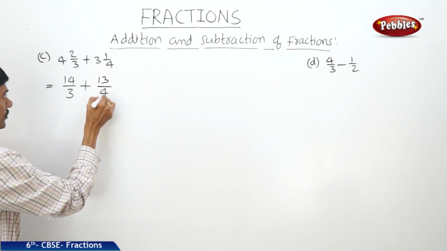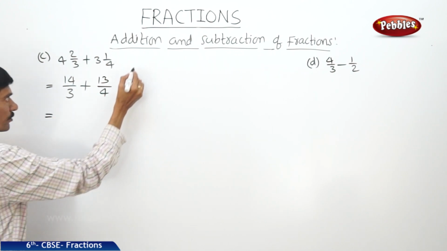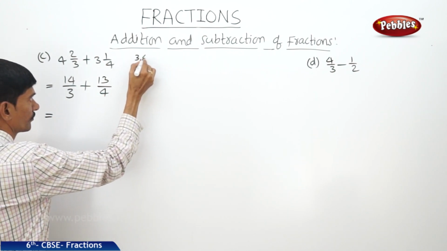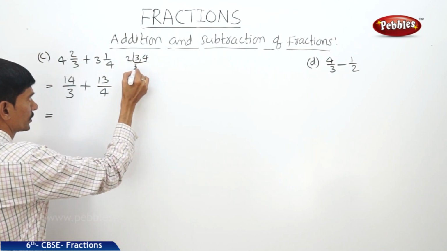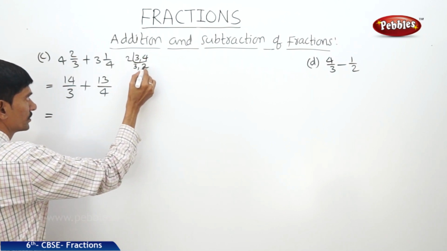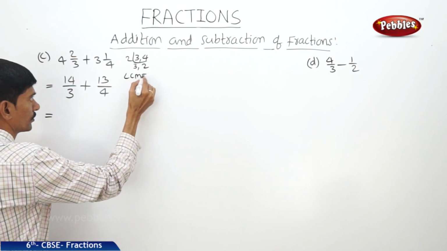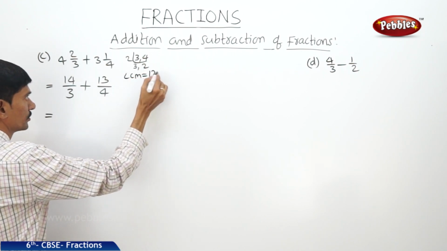13 by 4. Now the LCM of 3 and 4: 2 3s are 6, 6 2s are 12.